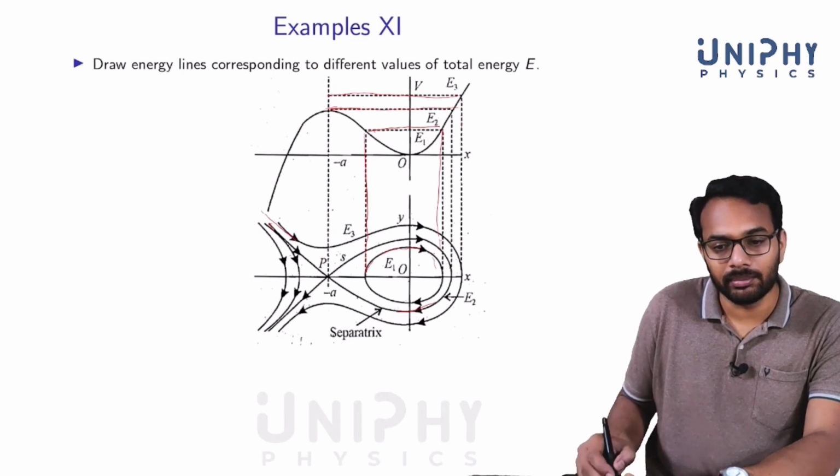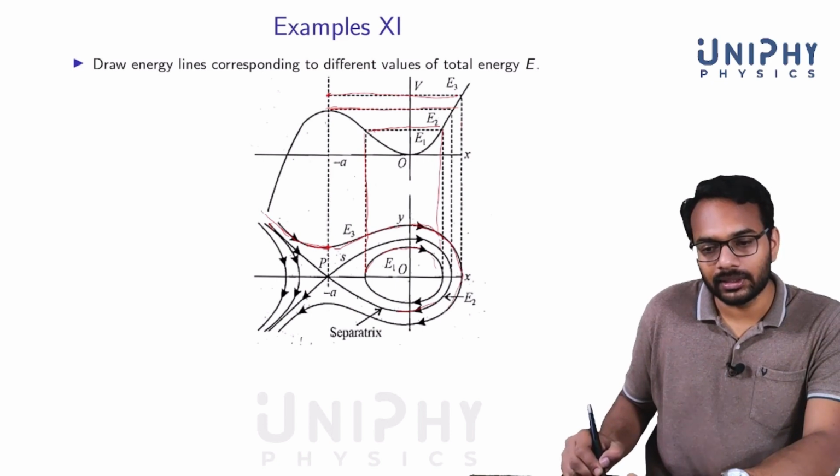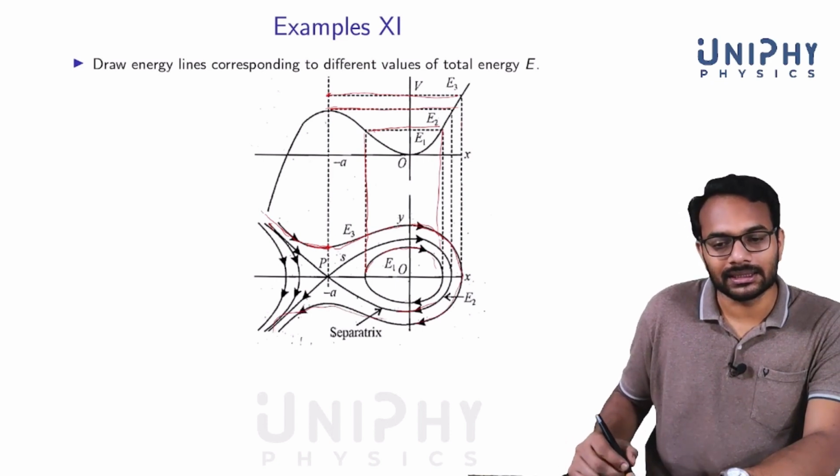It will become a minimum at this point, where the momentum is minimum. And then again it increases, and then it encounters this point. The momentum again decreases, because the potential energy first decreases and then increases. So the momentum becomes 0 at this point and then turns back, and we have got these trajectories.